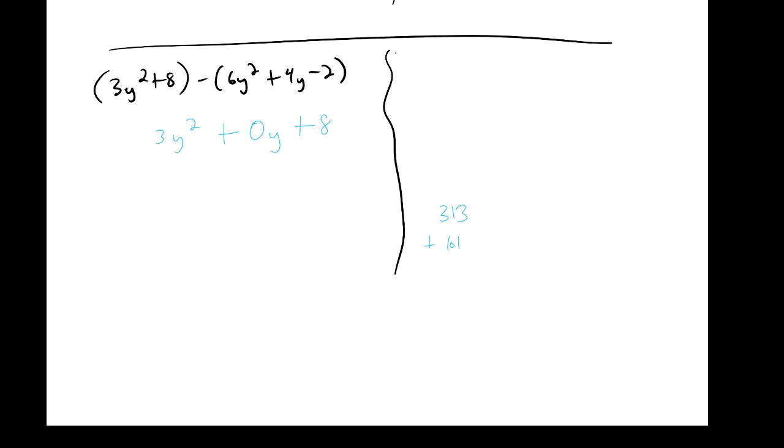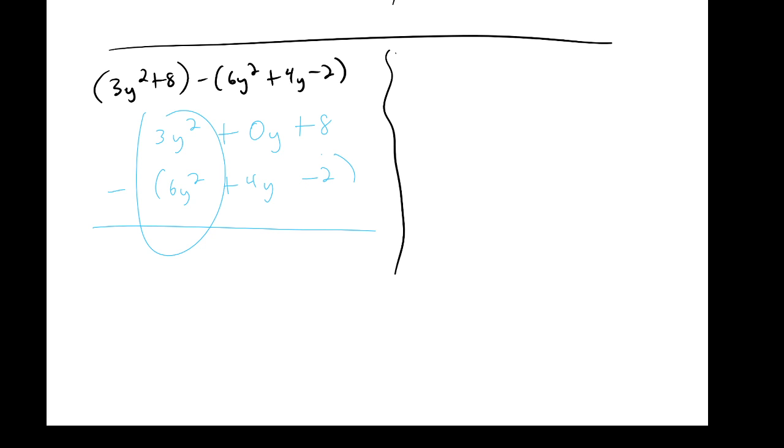I'd have to account for the tens place. So the same thing here. I have to account for that y in descending degree: 2, 1, and then degree of 0. Minus in this case, okay? And we have my 6y squared plus my 4y minus my 2.